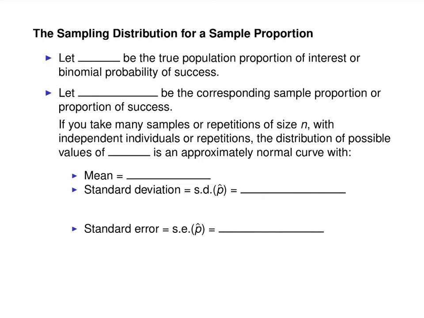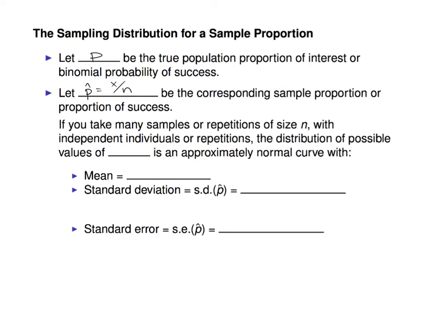So here is the sampling distribution for a sample proportion. p is the true population proportion of interest, or the binomial probability of success. p hat, which is number of successes divided by n, is the corresponding sample proportion.